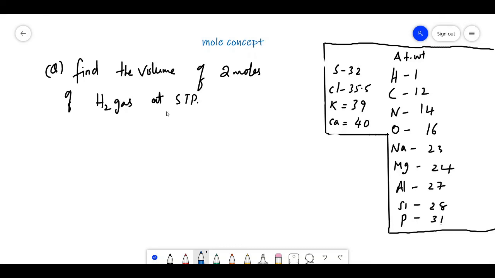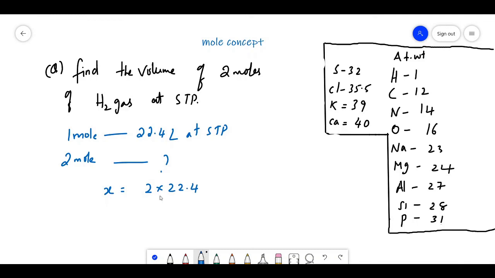So in the beginning we said 1 mole of any gas is equal to 22.4 liters at STP. So take that comparison. So 1 mole of any gas contains 22.4 liters at STP. And in our question also it is at STP, but the number of moles are given as 2. So for 2 moles we can calculate. So we get this X is equal to 2 into 22.4 by 1, which is nothing but 44.8 liters.